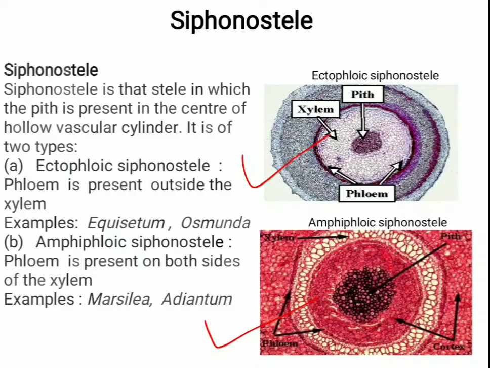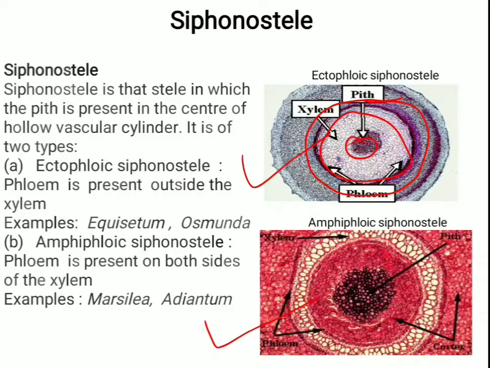You can see the middle portion is the pith, then the xylem develops, and the xylem is surrounded by the purple cells, which are the phloem. This type of arrangement is known as ectophloic siphonostele.